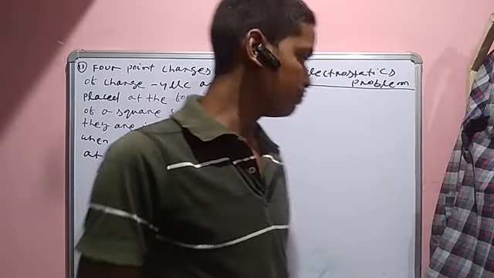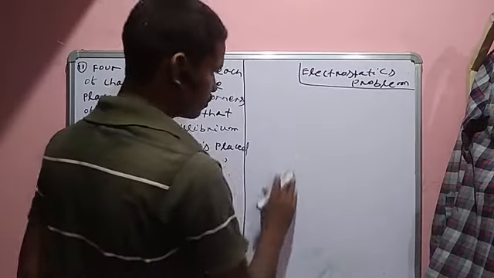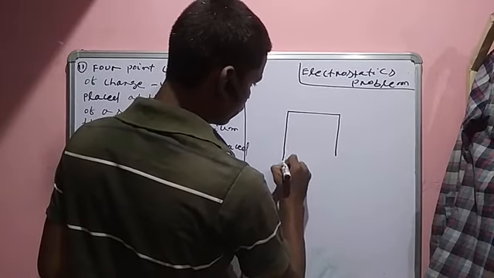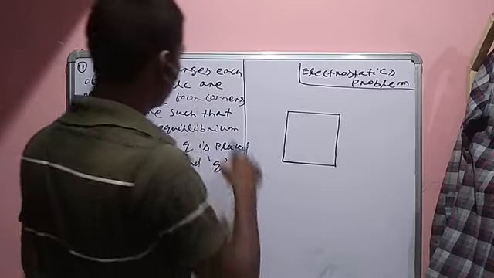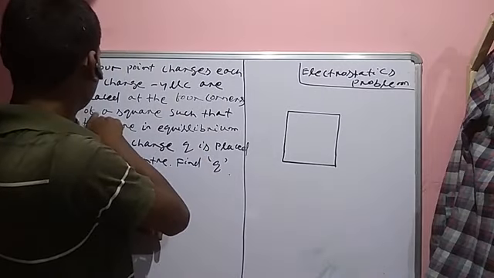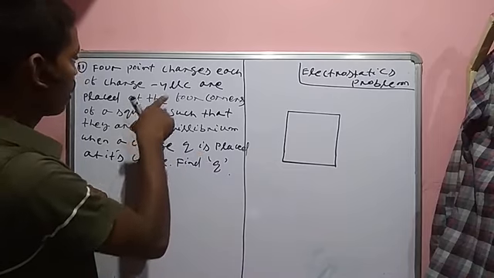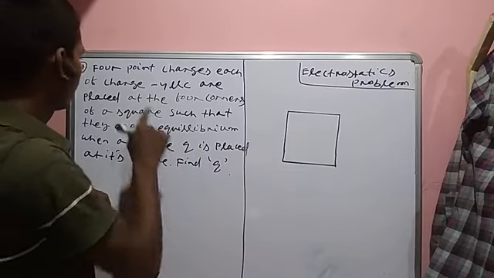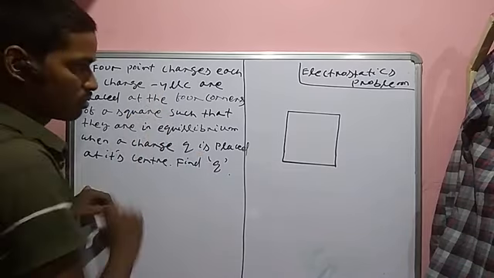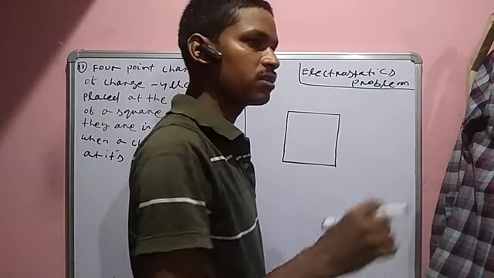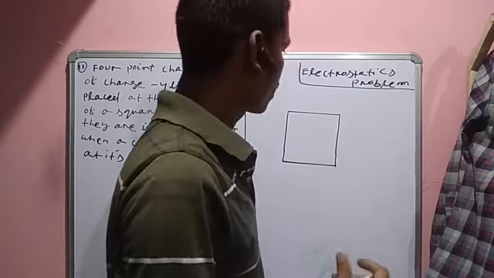I will recall it again. Suppose one square, this magnitude is given, minus 5 microcoulomb placed at the four corners.